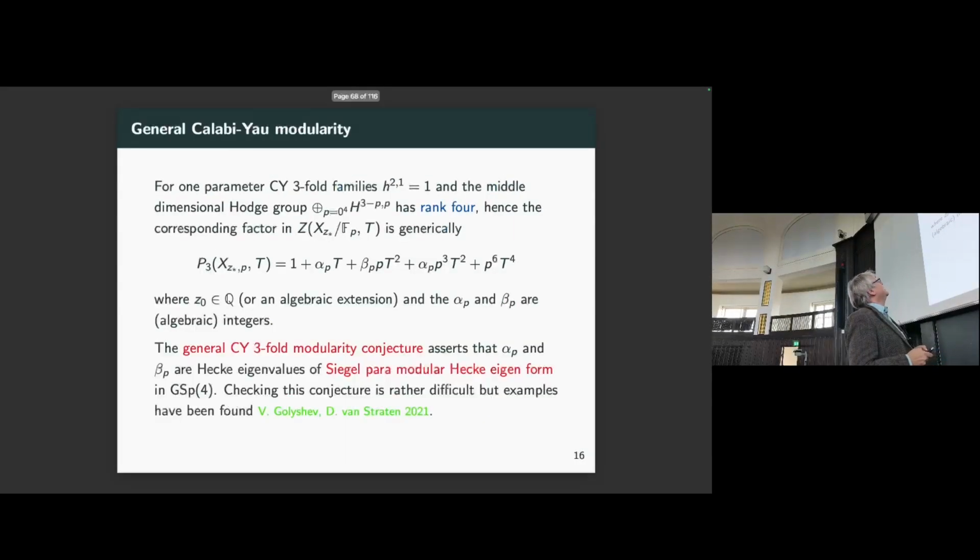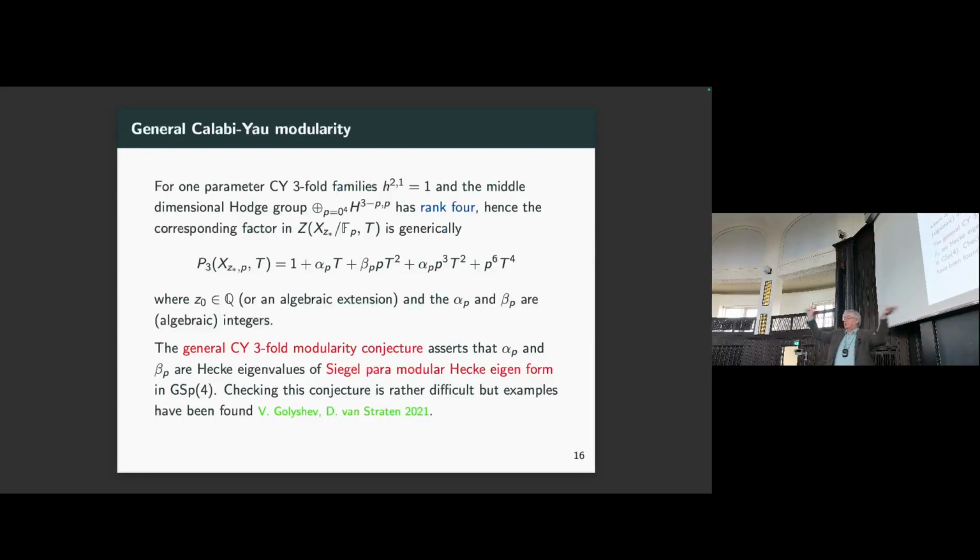Let me tell you the problem here. You look at a one-parameter Calabi-Yau, because if this thing has a fibration, there are geometric reasons that it splits, so that's not so interesting. Physically it may be more interesting, but for the general structure, these one-parameter families are very interesting. And you ask yourself, what's the generalization of the modularity conjecture that Andrew Wiles proved?